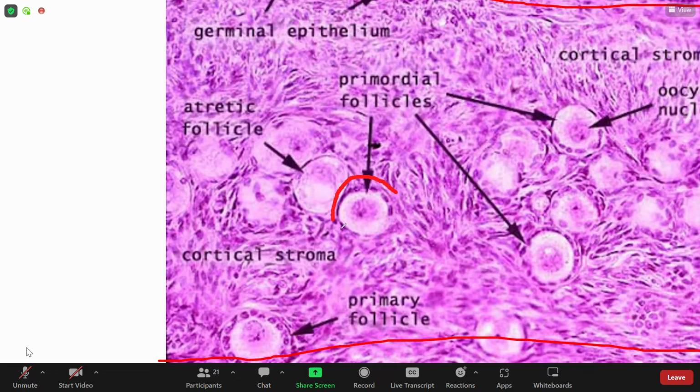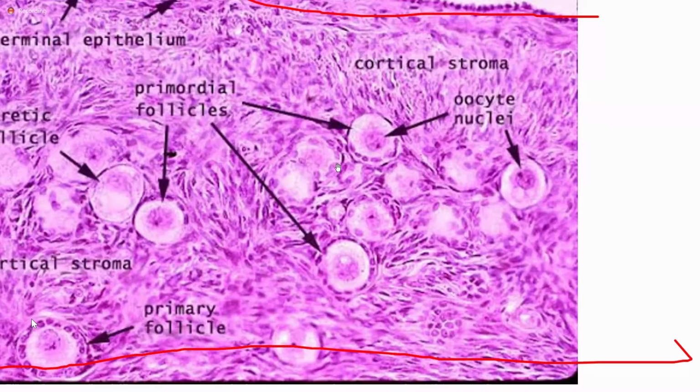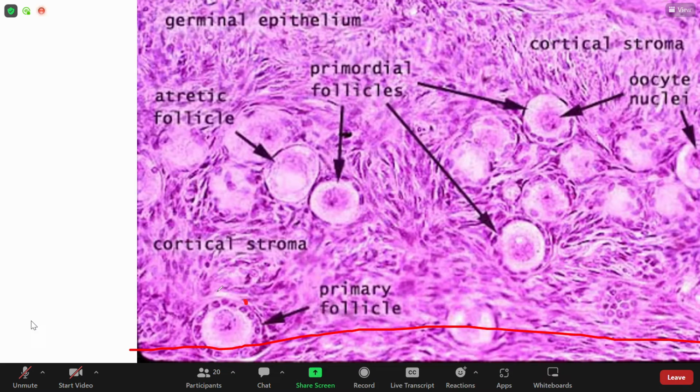And then, if you might have noticed, the granulosa cells here are flattened in shape, correct? And then let's take a look with the primary follicle. Look at the shape of the granulosa cell. It's not flattened, but this one is cuboidal in shape. All right? So moving on.